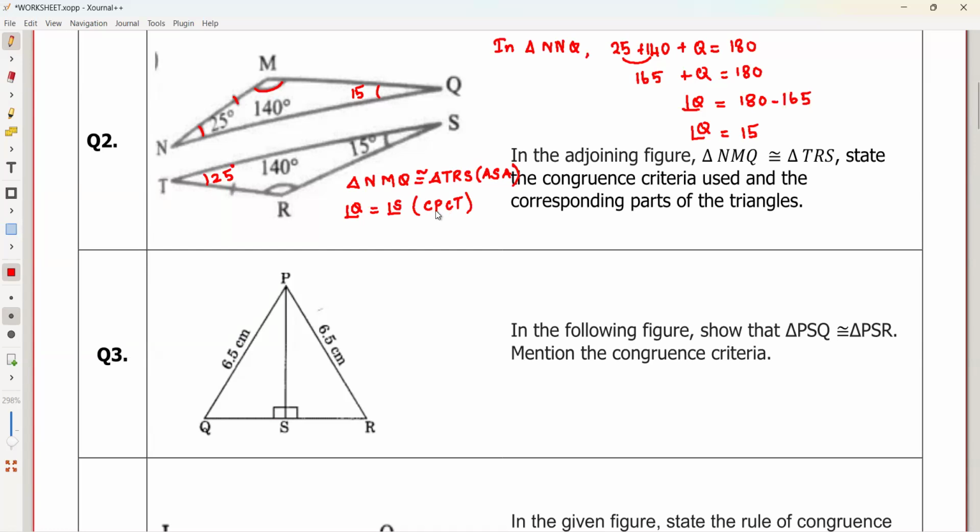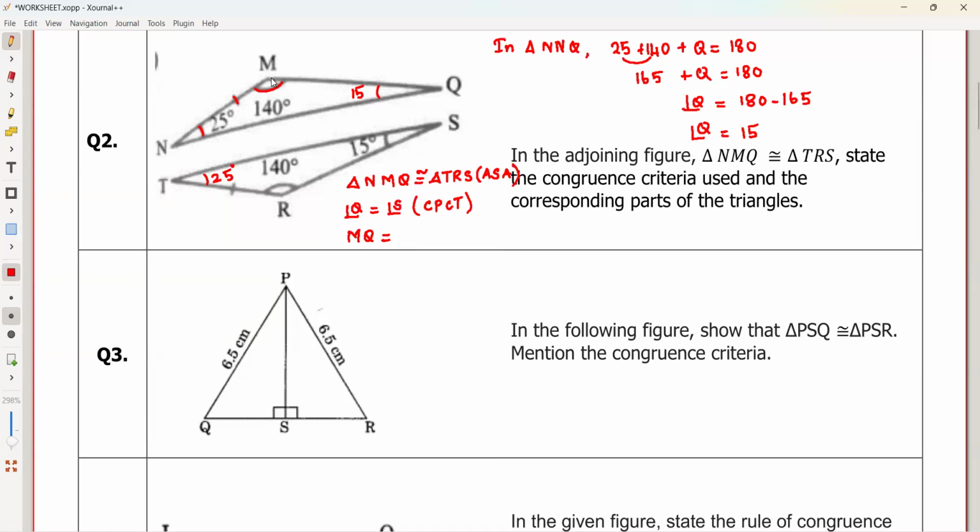Next, what do you want to find out? The sides. MQ is corresponding to RS.